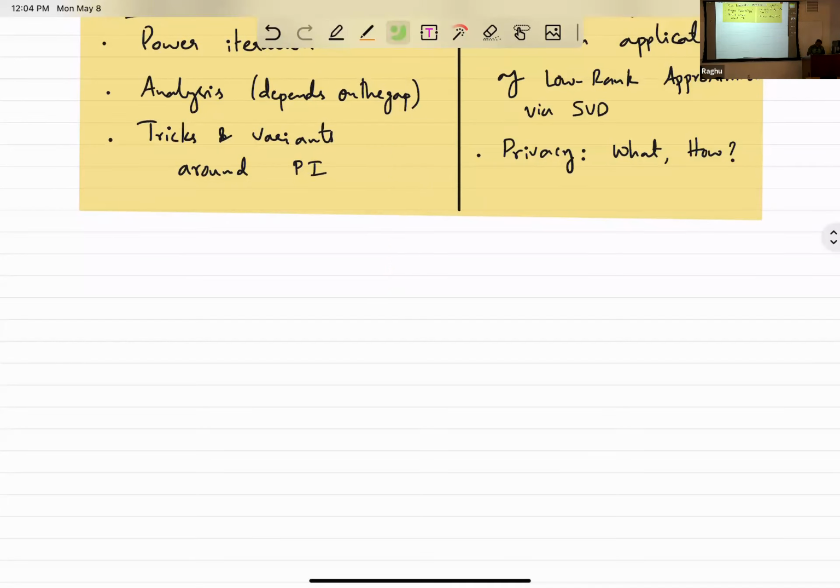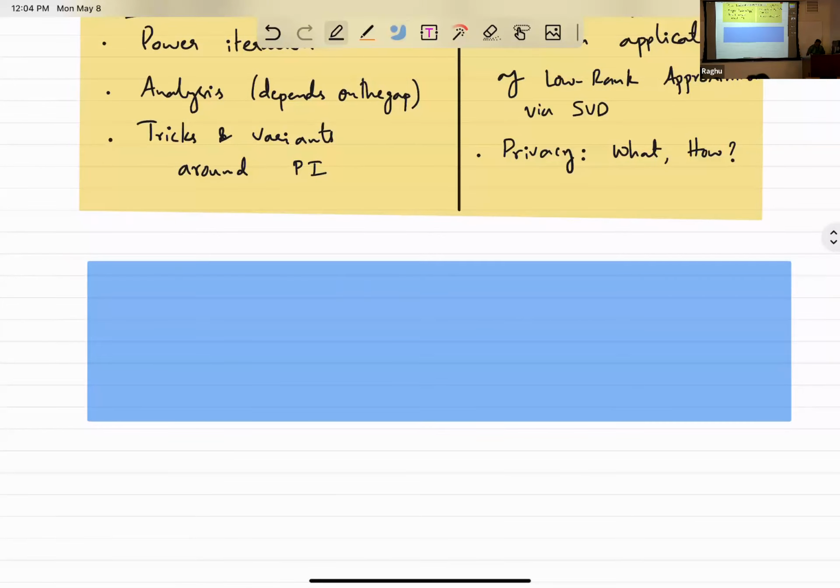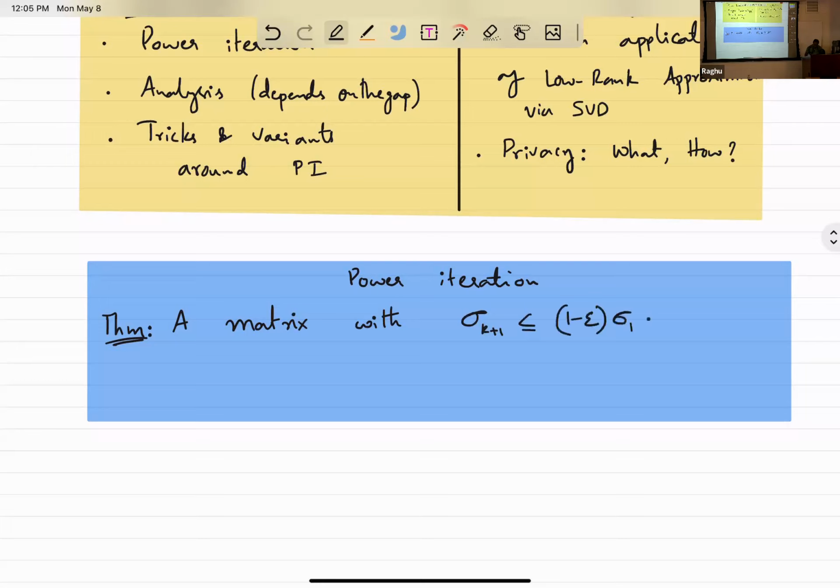All right. So what did we see last time? We said power iteration was a simple algorithm and it had the following guarantee, right? If you had a matrix with, let's say, sigma k plus 1 less than or equal to something, the kth one was the first time where you had this gap.